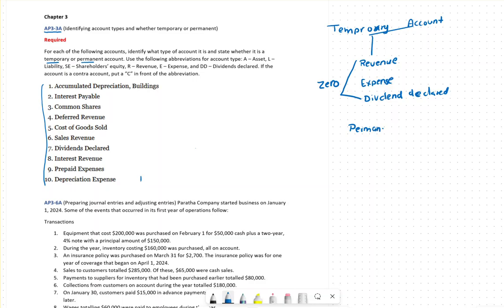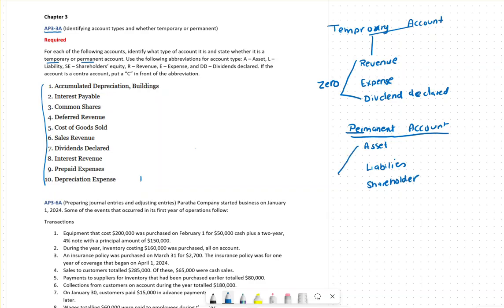Next, we have permanent accounts. Permanent accounts are permanent. We don't close them. Whatever is the ending balance of one year becomes the beginning of next year. What are some of the accounts? Any account sitting under assets will be a permanent account. Any liabilities account and any shareholders equity account are all permanent accounts.